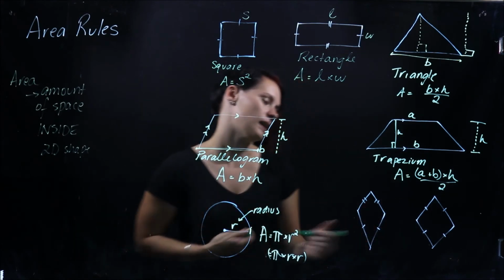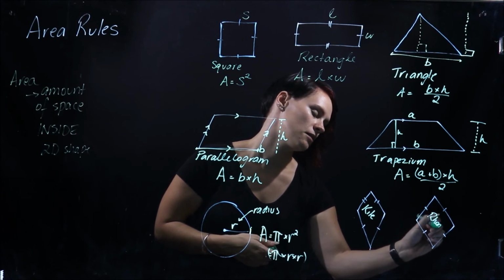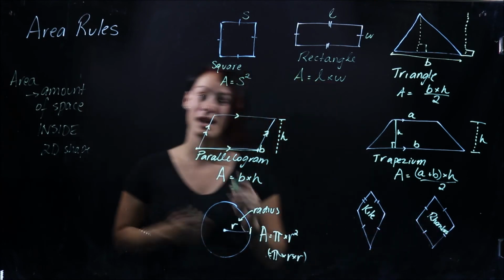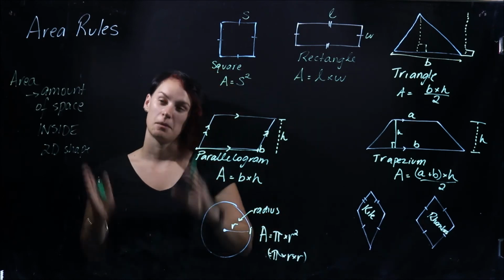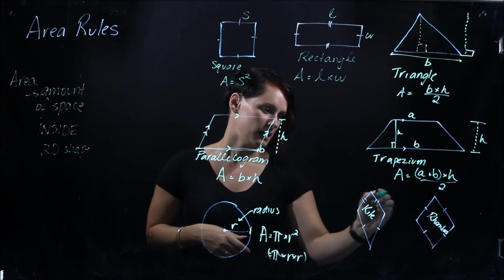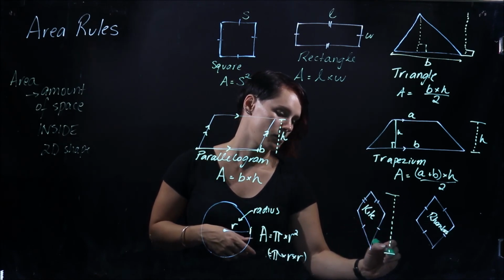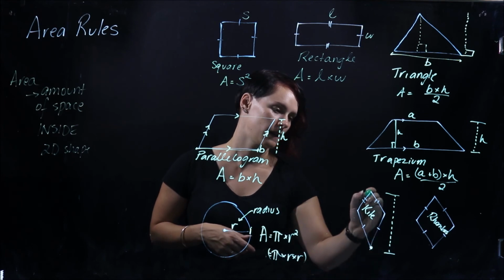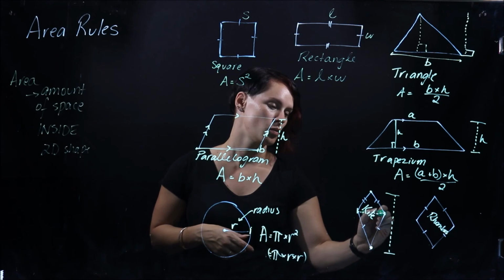These 2 shapes here, we've got a kite in the middle here and a rhombus. Now a rhombus is that square that's tipped on its side in the same way that the rectangle and the parallelogram kind of tip as well. That's how you've got to think about it. We've got a bit of a different type of thing here in that we have to look at how high, or the distance between the lowest point and the highest point in the kite, and then the distance between the 2 widest points.